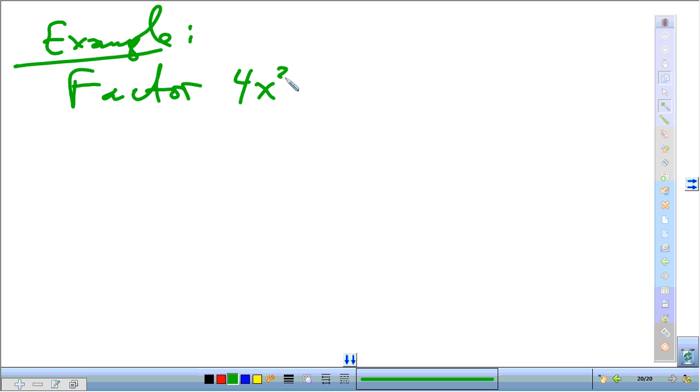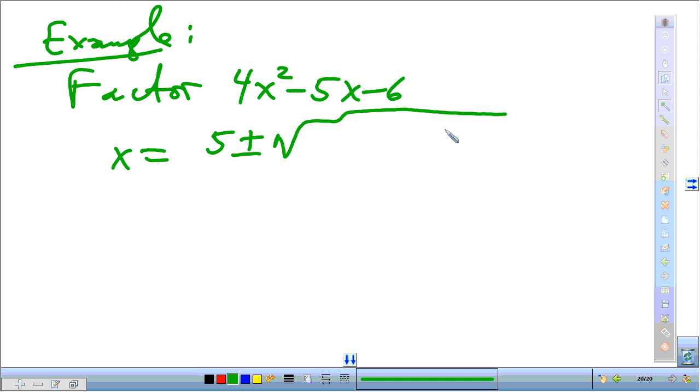Let's look at 4x squared minus 5x minus 6. Previously I wrote down the factors, but if we find the roots, we could check this out. So we get b is minus 5, so 5 plus or minus, we get the minus 5 squared, minus 4, a is a 4, and c is a minus 6.